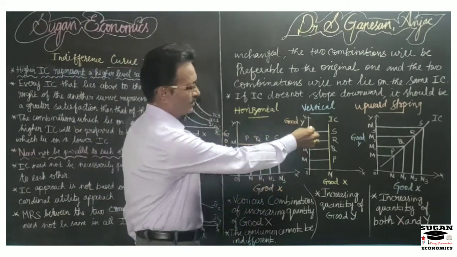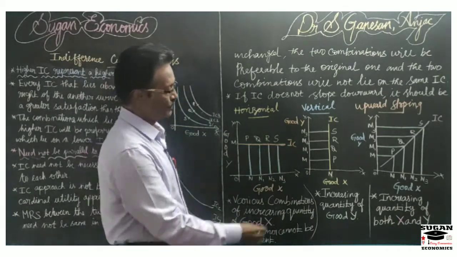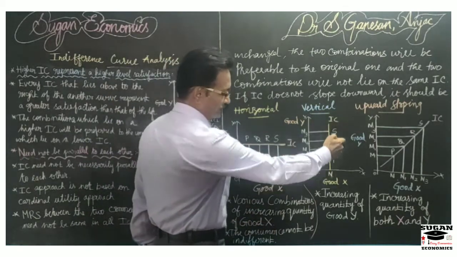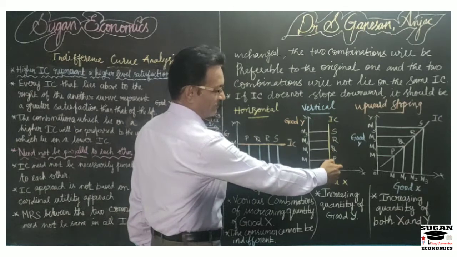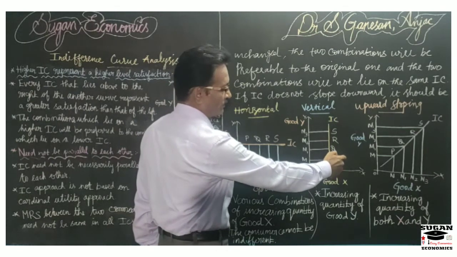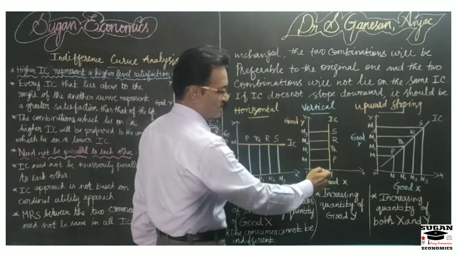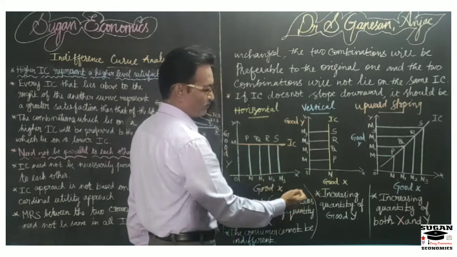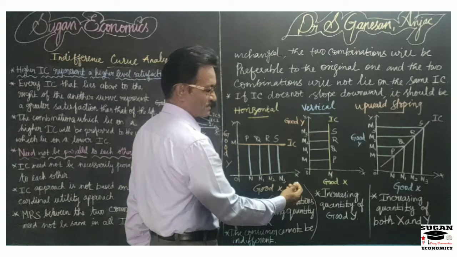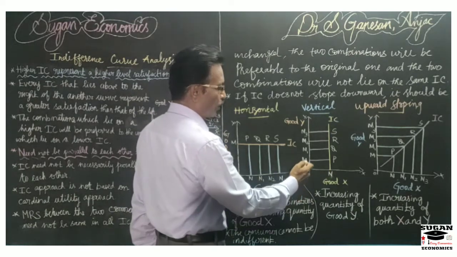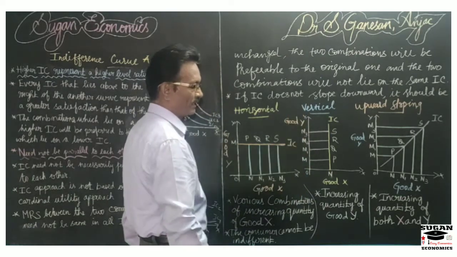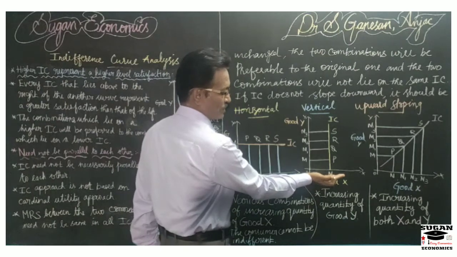Then you take into account the vertical. If you take the vertical curve IZ and the various points we have taken on the vertical curve, that is, indifference curve P, Q, R, S, it denotes various combinations which will provide more and more units of y commodity, keeping the commodity x constant.